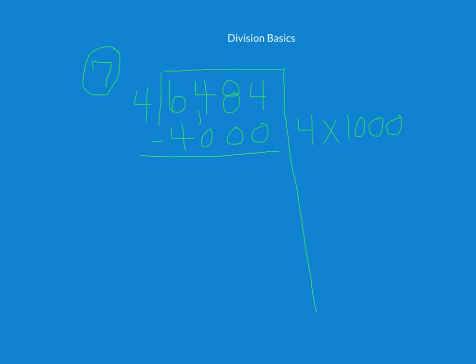Subtract to see what I still have left to put into the groups of 4. 4 minus 0 is 4. 8 tens minus 0 is 8 tens. 4 hundreds minus 0 is 400. 6,000 minus 4,000 is 2,000. So now I have this very large number of 2,484.